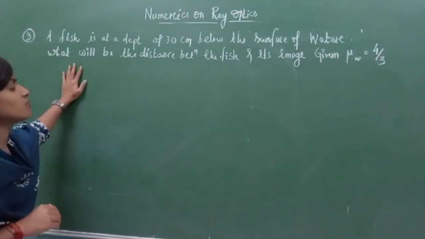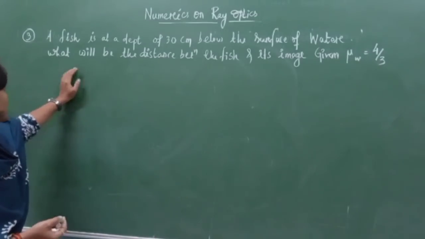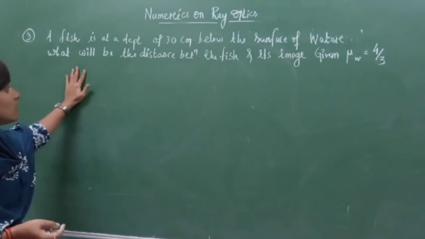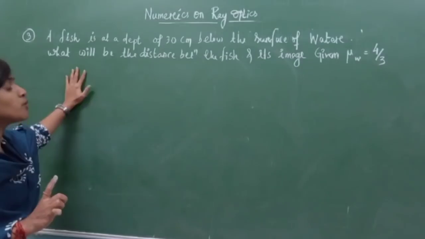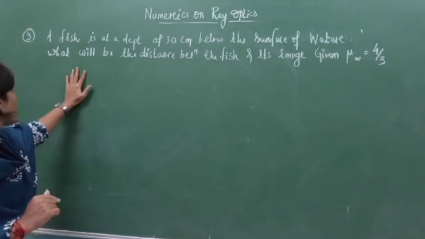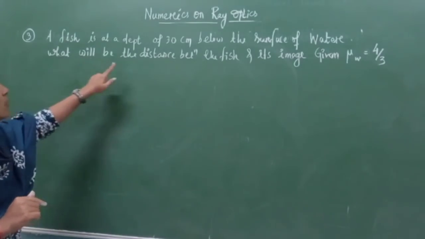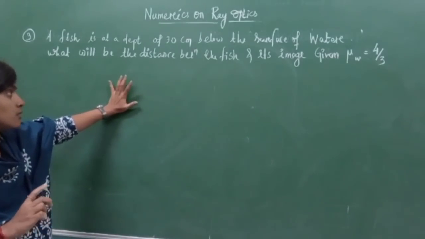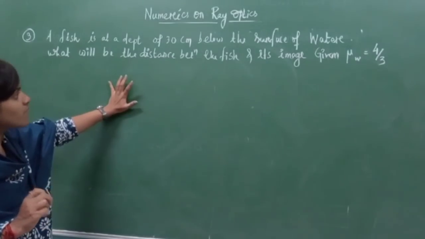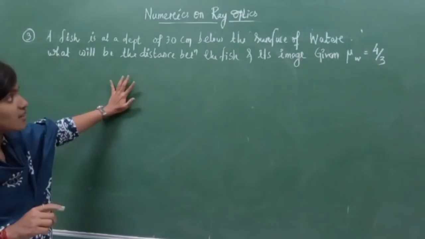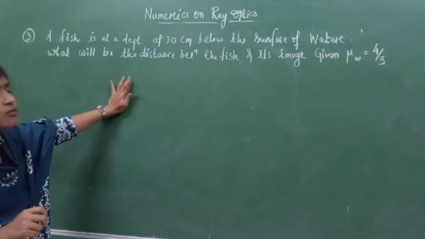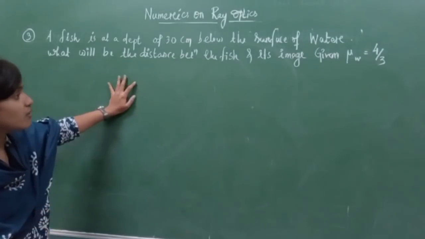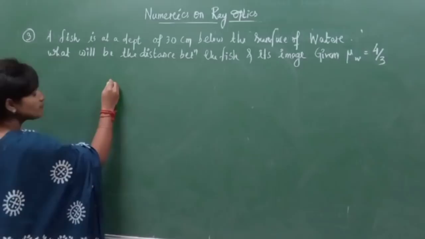If you read this question, it is from normal shift. Since the fish is at a depth of 30 centimeter below the surface of water, the depth of the water given is 30 centimeter. The question asks for the distance between the fish and its image, that means the distance between the real depth and the apparent depth, so we have to find the normal shift. The refractive index of water is 4/3.